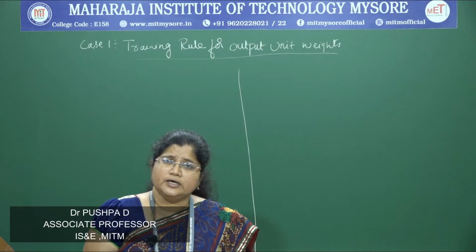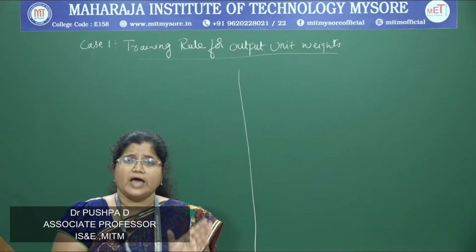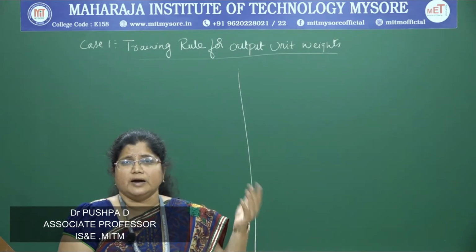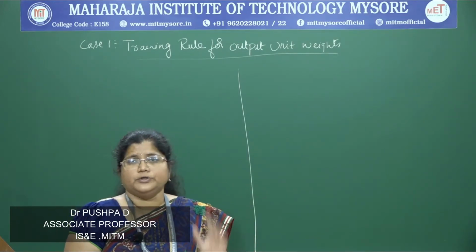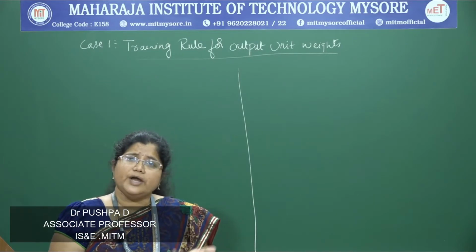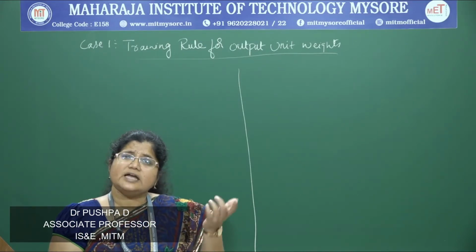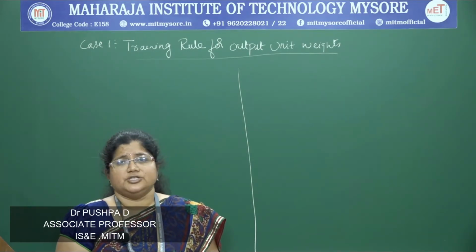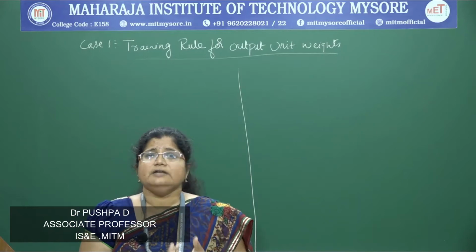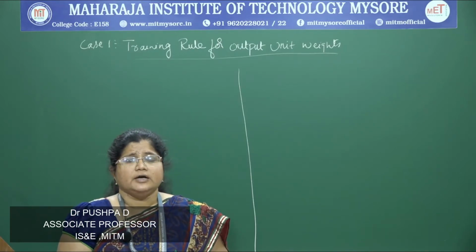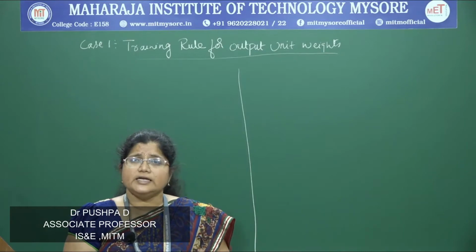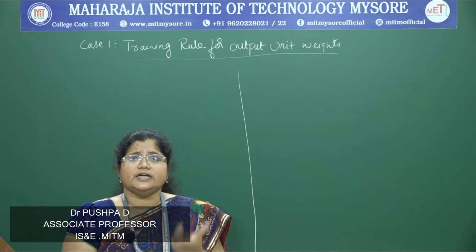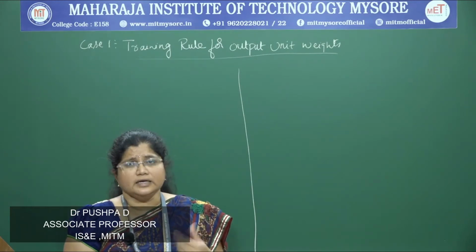Now let us look at how the net value of the weights is updated at the output unit, and how the weights are updated inside the hidden layer, with respect to the derivation. With respect to the error which we have found, we try to get how the weights are updated in the output unit and in the hidden unit.